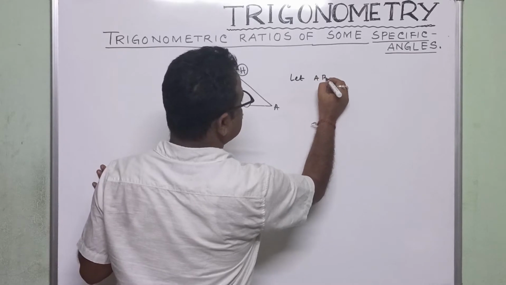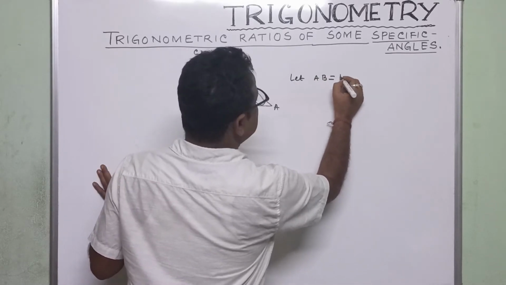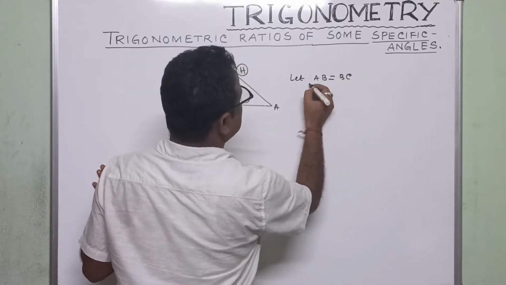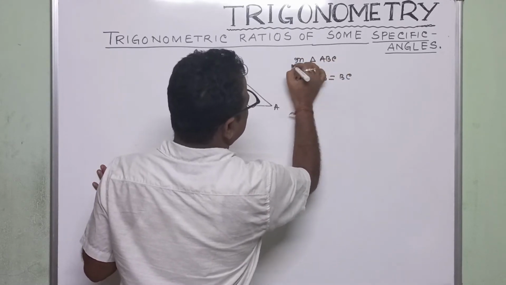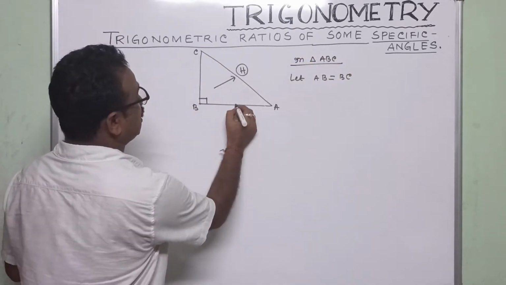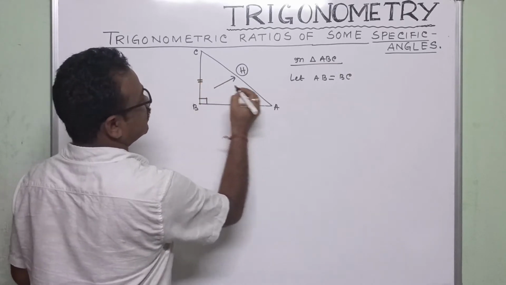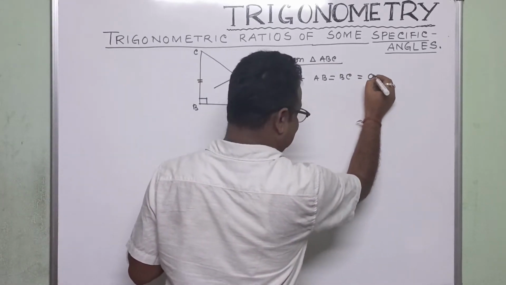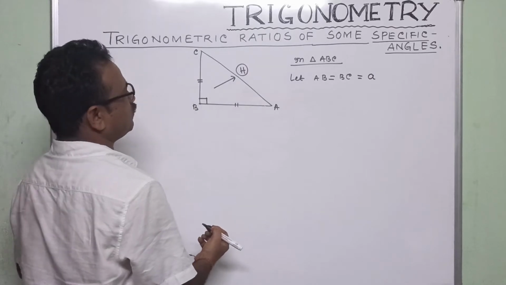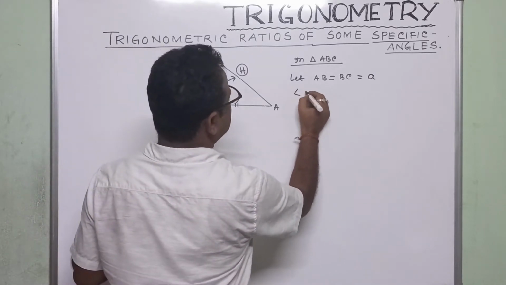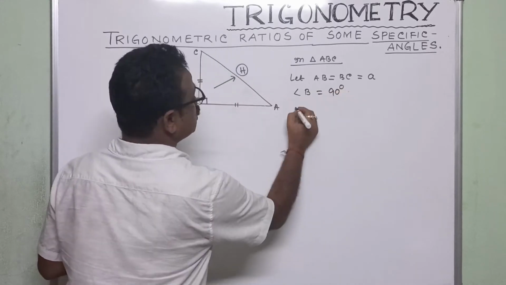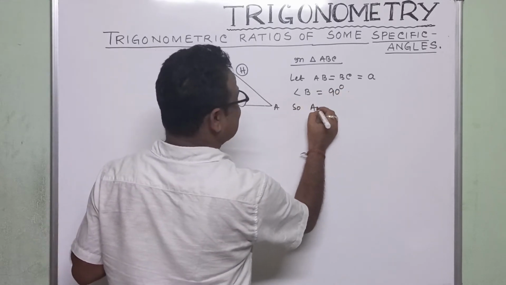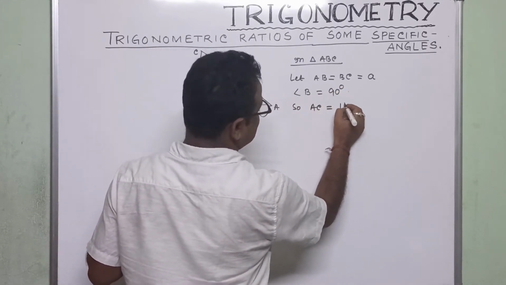In triangle ABC, let AB equal BC equal A. So angle B is 90 degree, and AC is equal to H.